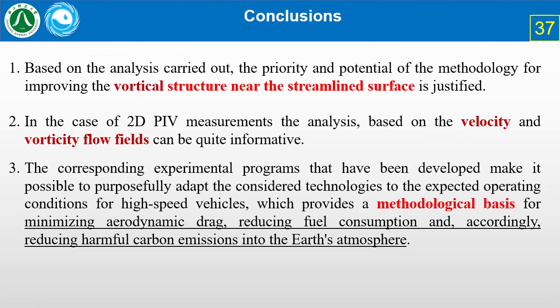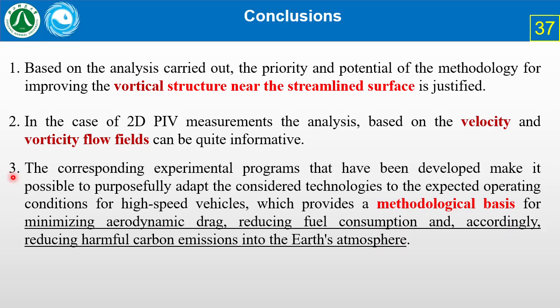As a result, the following conclusions can be formulated. First, based on the analysis carried out, the priority and potential of the methodology for improving the vortical structure of flow near the streamlined surface is justified. Second, in the case of 2D PIV measurements, the analysis based on the velocity and vorticity flow fields can be quite informative.